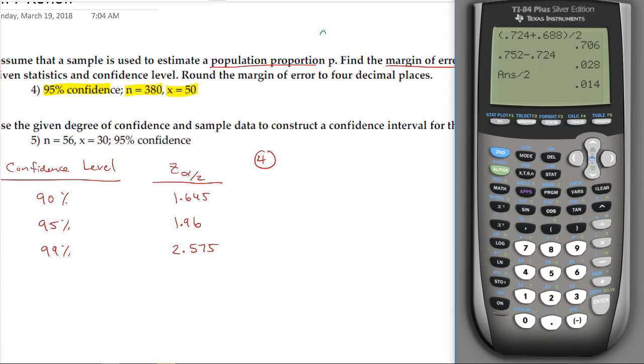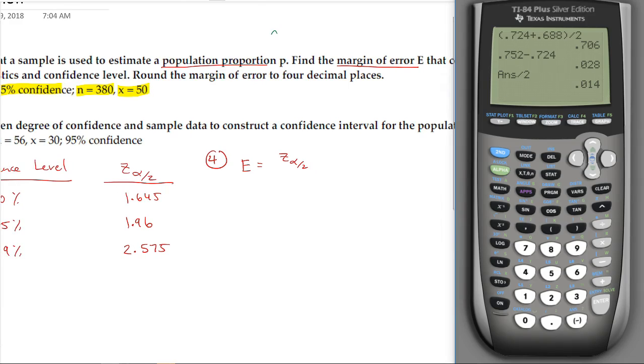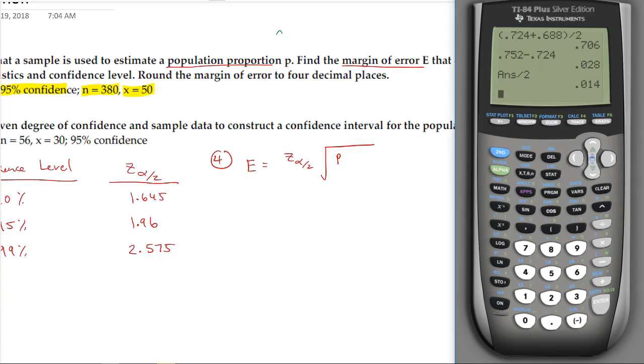All right, so the formula for a margin of error is the critical value times the square root of the sample proportion p hat times q hat divided by n.